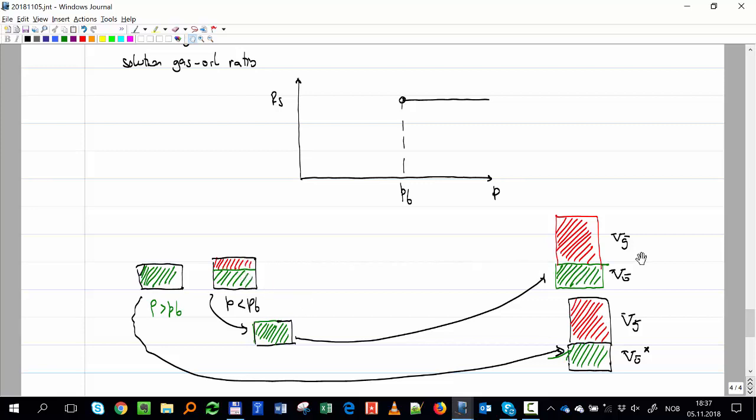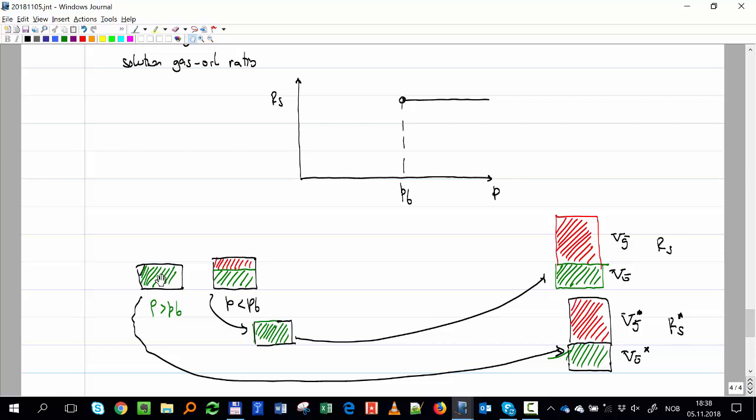Okay, so which RS is going to be bigger? Is it this RS, or this RS star? This one has already the maximum amount of gas it can have. It took all the gas it could take, and then it said, I cannot take any more gas, I'm saturated.